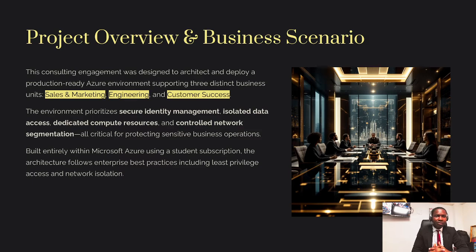The environment prioritizes secure identity management, isolated data access, dedicated compute resources, and controlled network segmentation. This will be critical for protecting sensitive business operations. We built entirely within Microsoft Azure, as I said previously, using a student subscription. The architecture follows enterprise best practices, including least privilege access and network isolation.